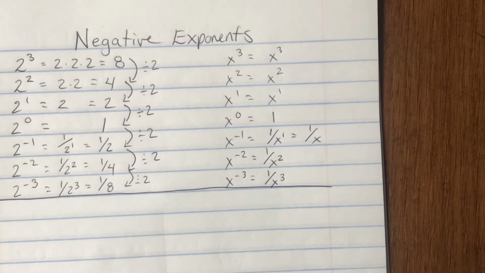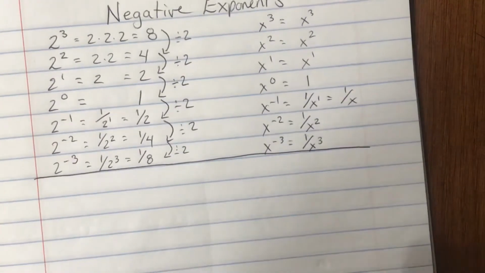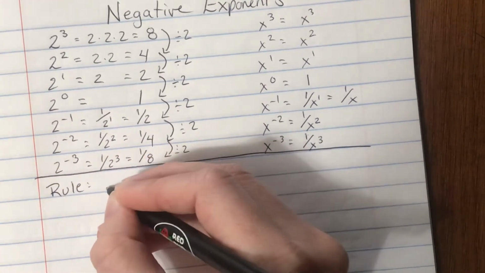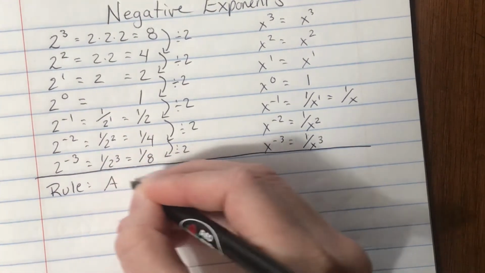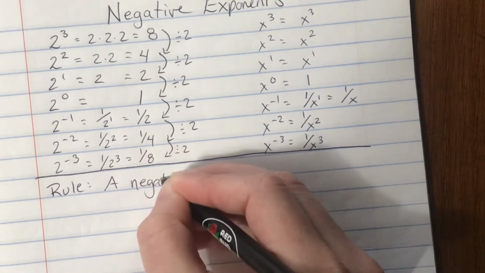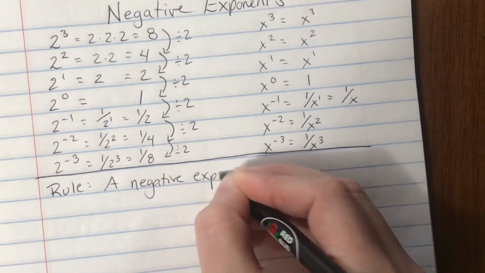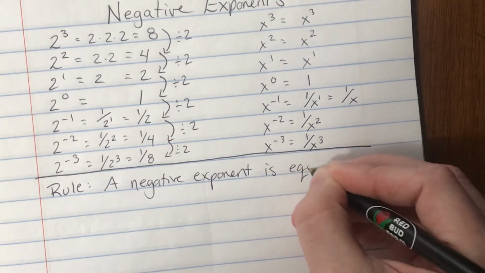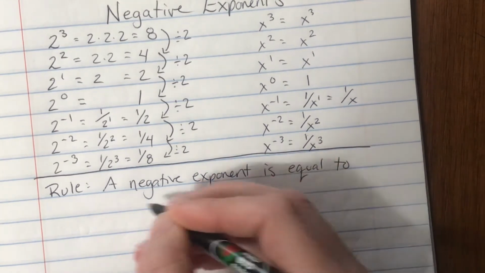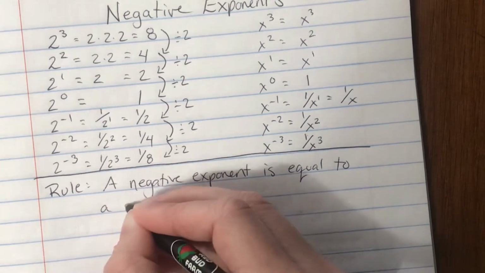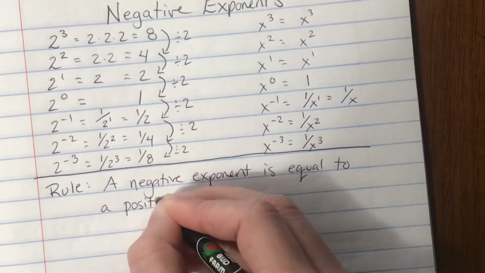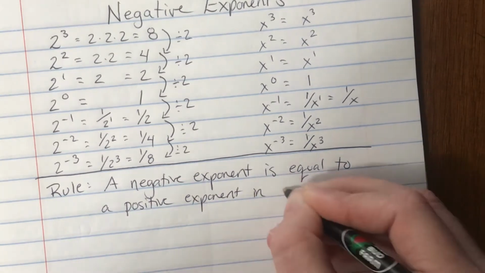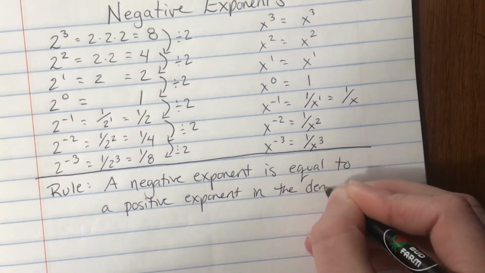So the rule, I guess, that we could say here for negative exponents, so let's write rule. A negative exponent is equal to a positive exponent in the denominator.